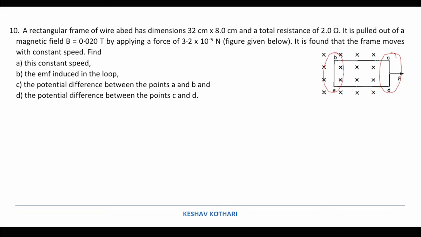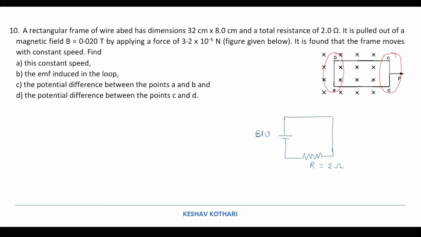So I can say that the EMF will be induced only because of the length AB. I can redraw this circuit so that this is offering an EMF equal to BLV, due to which a current is flowing in the entire rectangular loop, which offers a total resistance of capital R. In this case it is stated as 2 ohm.